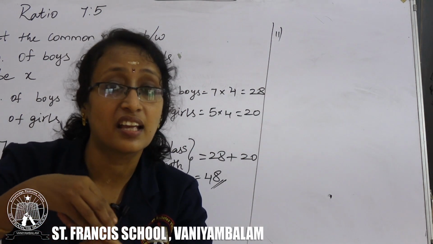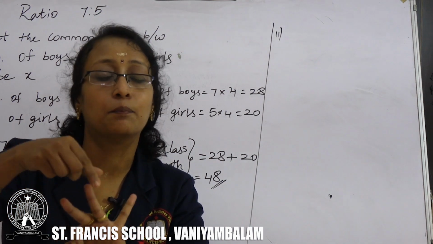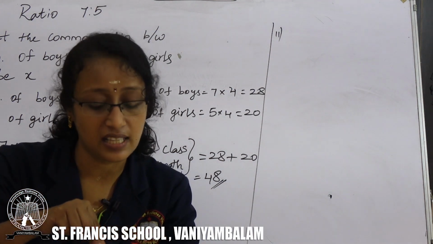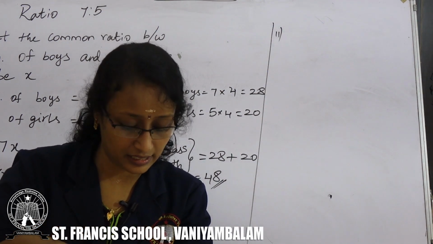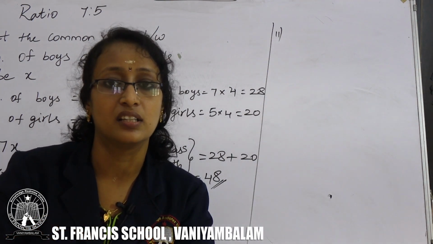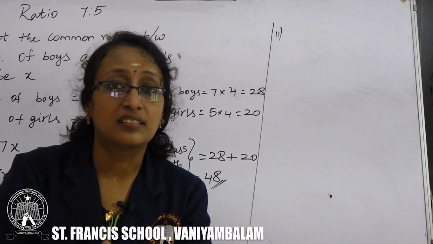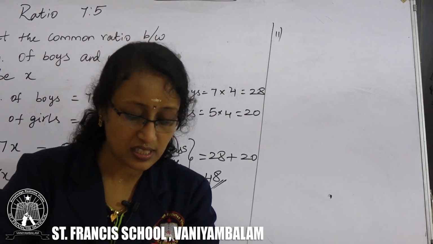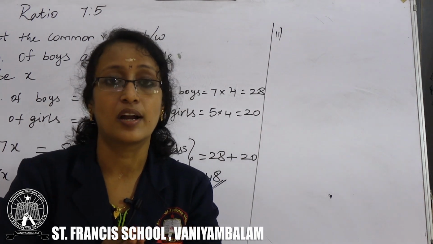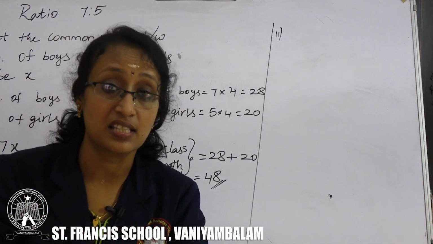How many persons are there in this question? Bai Chung, father and Bai Chung's grandfather. And the sum of ages of all the three is 135 years. That is, all the three persons' ages add up to 135. What is the age of each one of them? You have to find all the three persons' ages.